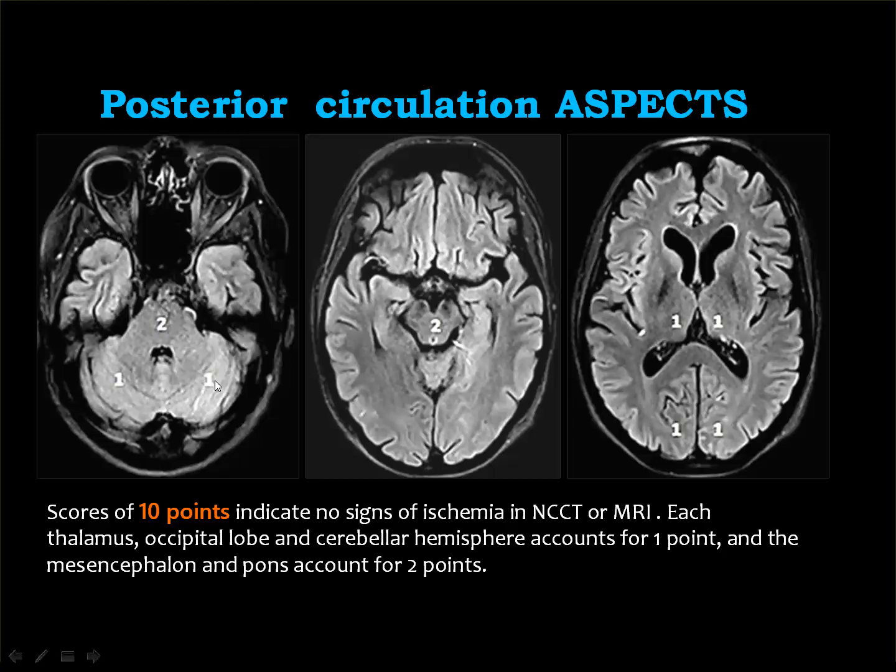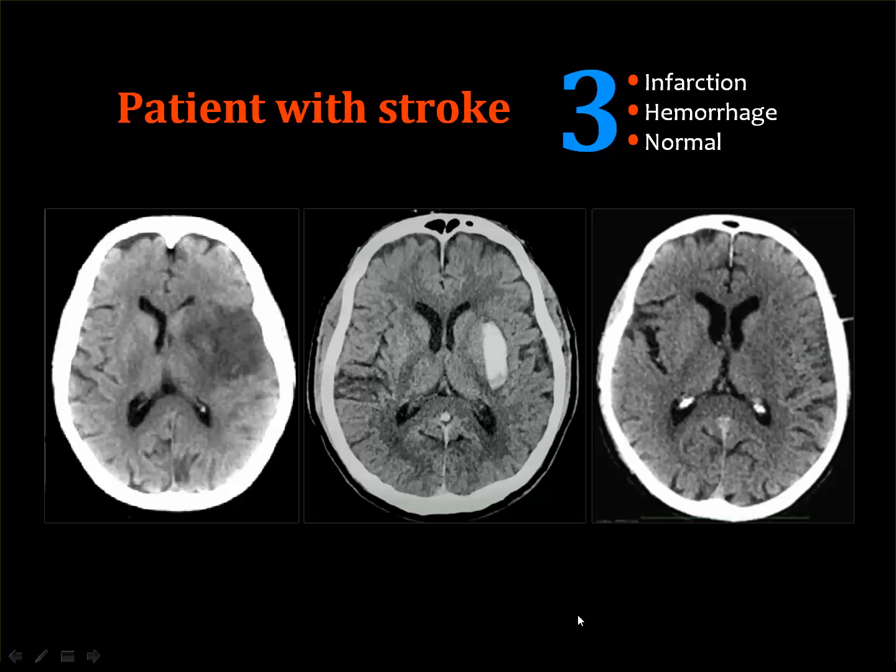A number for each cerebral hemisphere, a number for each thalamus, a number for each occipital lobe, and 2 numbers for the brainstem: one for the medulla, and another one for the midbrain. And also 10 points, and if only 3 sites are affected, you are able to give thrombolytic material.